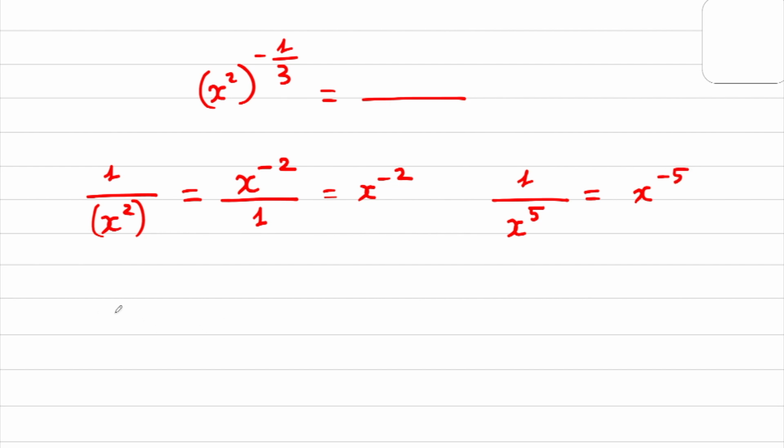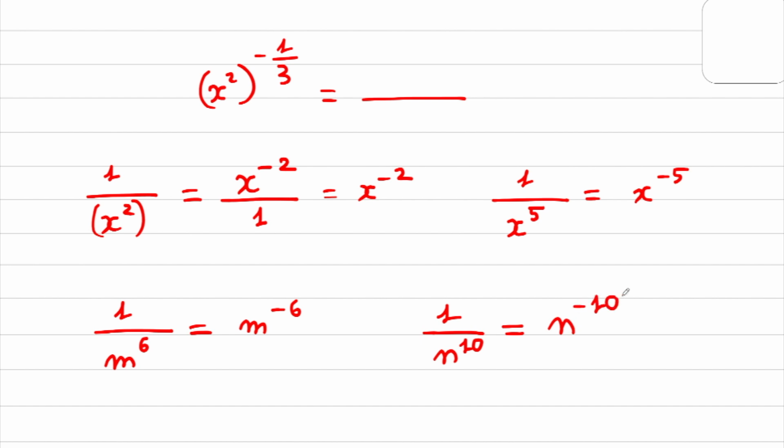Okay, one more step. Another exercise, how about m to the power of 6 here? I want to convert this to a single index. You get m to the power of -6, and 1/n to the power of 10 here, you will have n to the power of -10.